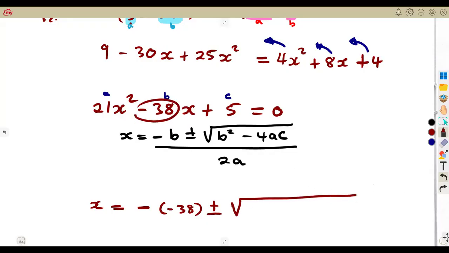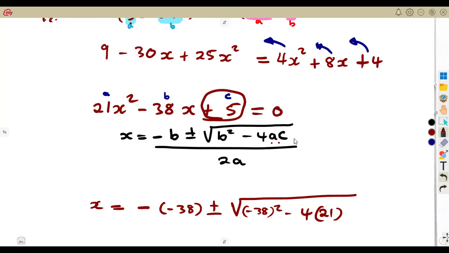Remember, your b is minus 38. So that's minus 38 squared minus 4 times a times c. So our a is 21, and our c is the constant, that's a positive 5, just like that.